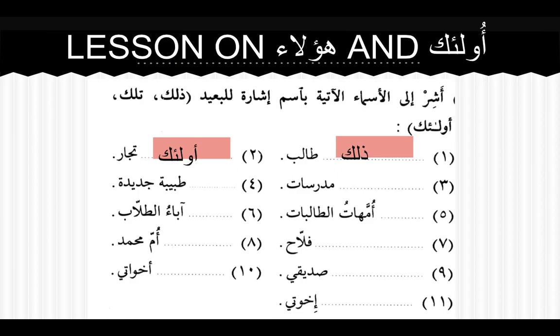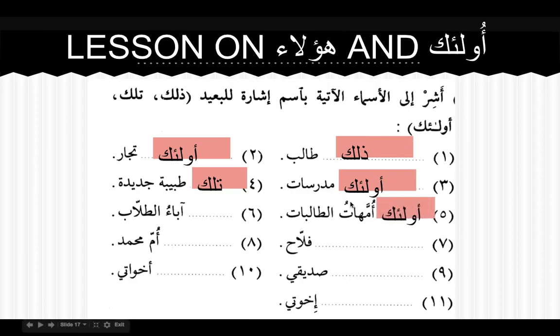Mudarrisatun, again ulaika, because for masculine and feminine it is the same, ulaika. Tabibatun, if it is singular, it will be tilka. We need to get used to using these demonstrative pronouns: dhalika, tilka, ulaika. Ummahatu, ulaika. Ulaika ummahatu talibatu. And again ulaika aba'ut tullabi.